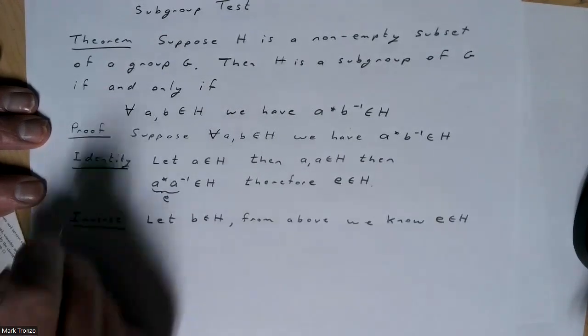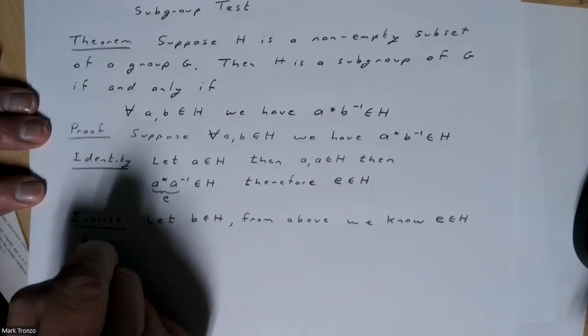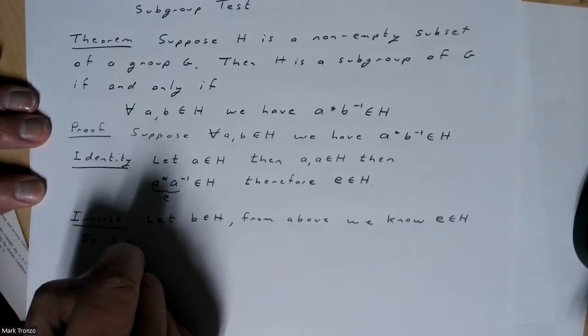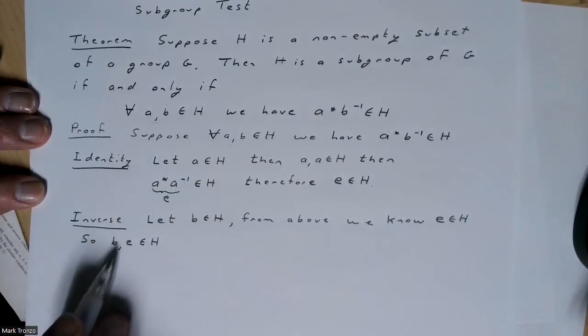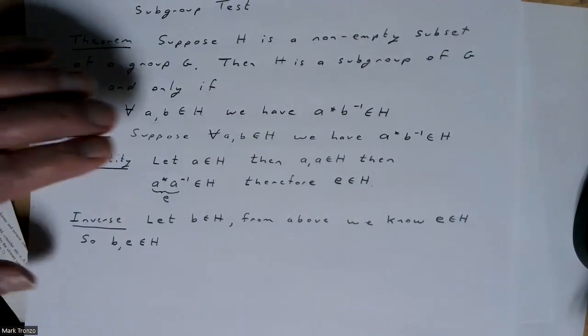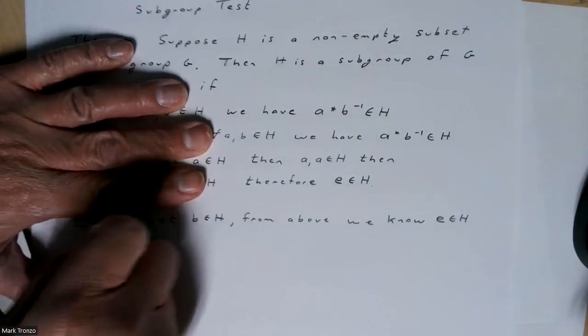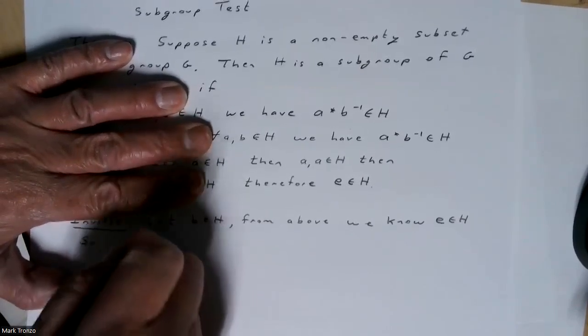So we have B in H, and the identity is in H. Let me rewrite this in a little better order.